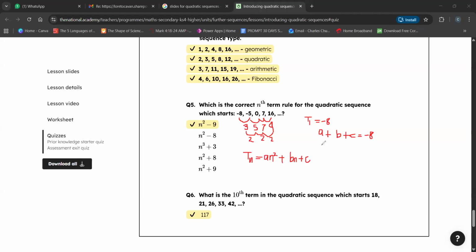So for T2, which is -5, we'll have that's going to be 4a because of the n squared, 4a plus 2b plus c equals -5.